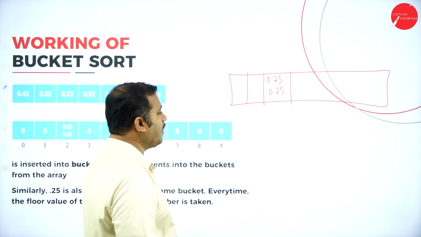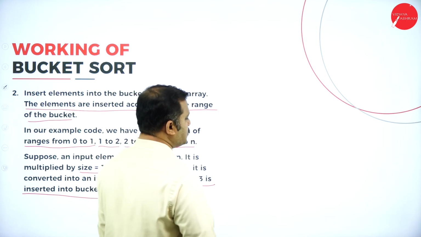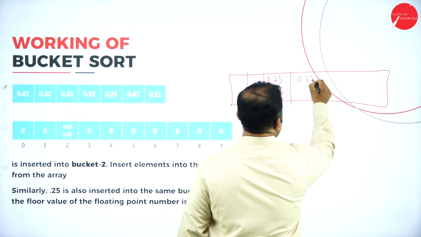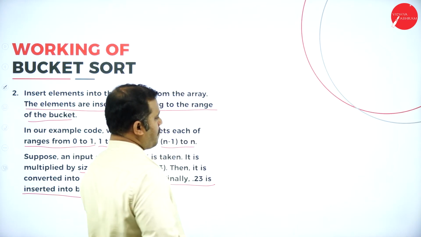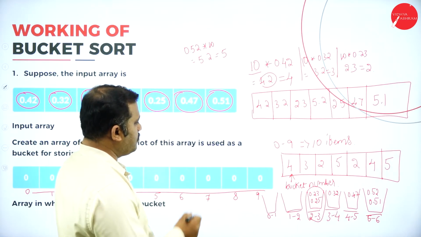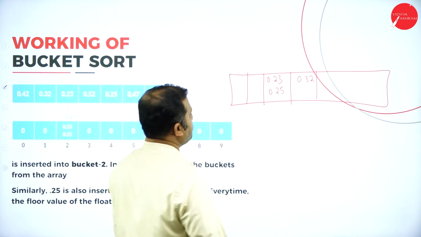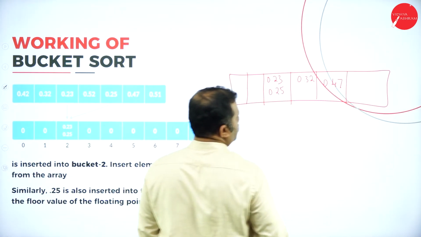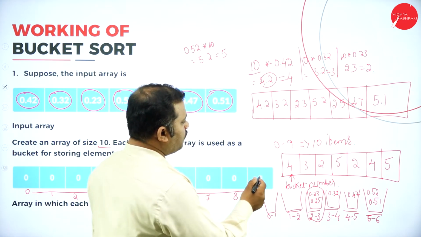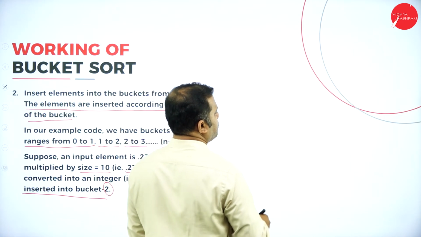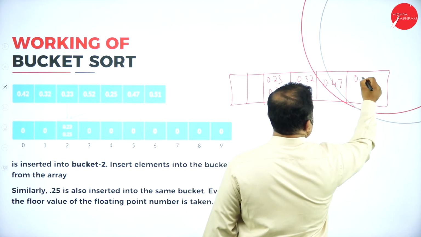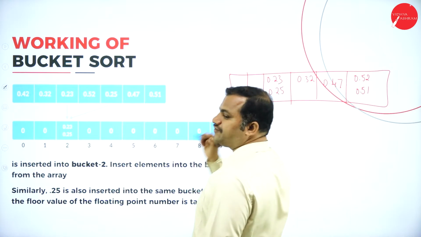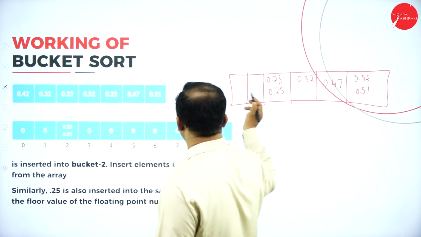In the third bucket we have only 1 item, 0.32. Then 0.47. Then we have 0.52 and 0.51. So we have the items in this order.